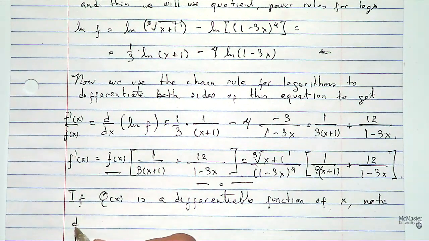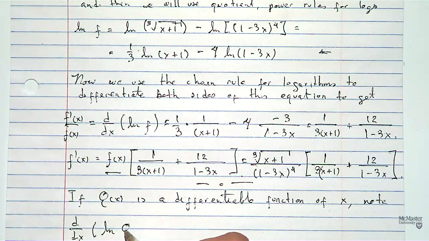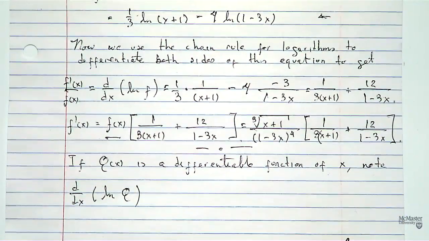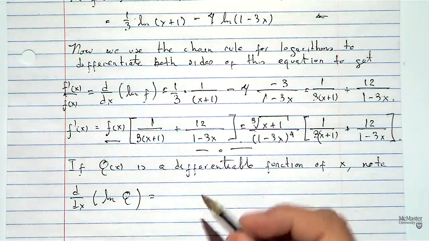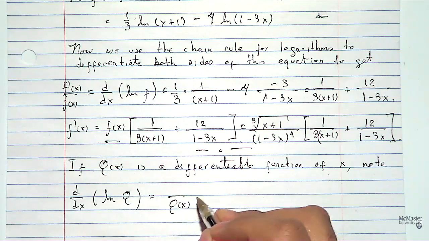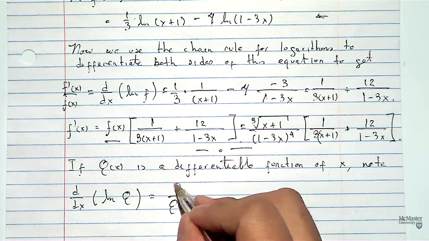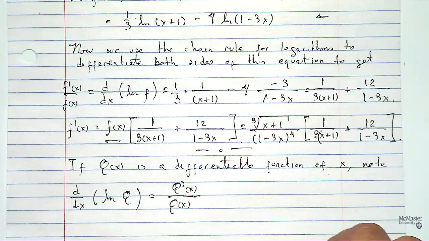So let's say that I consider the derivative with respect to x of natural log of q. So the same way we did this example, what we would have is the function q in the denominator, and then the derivative of q, right? So q prime of x divided by q of x, in the notation that you are more familiar with.